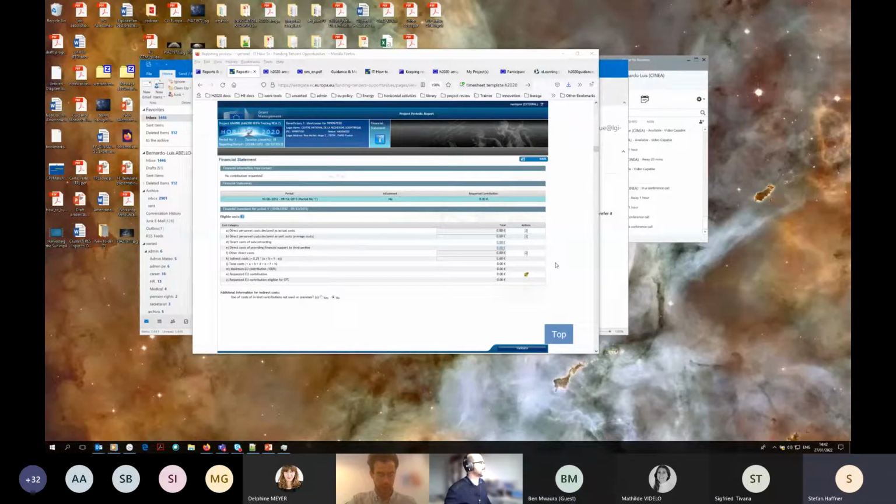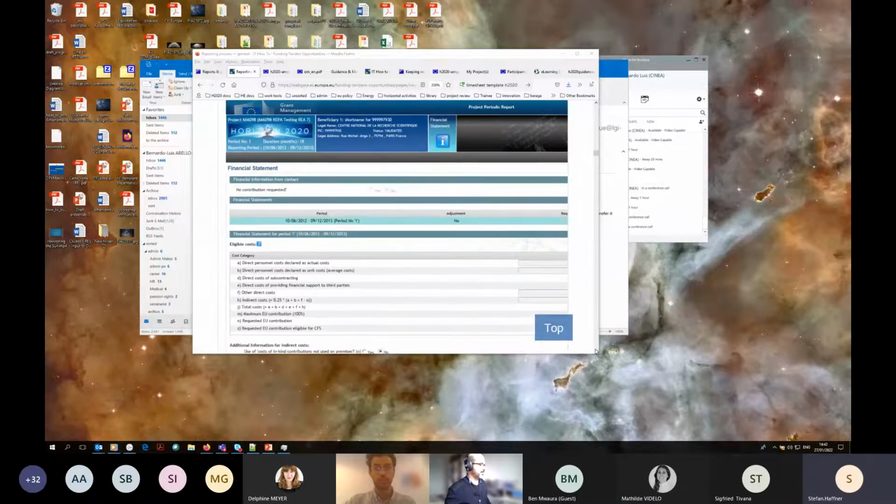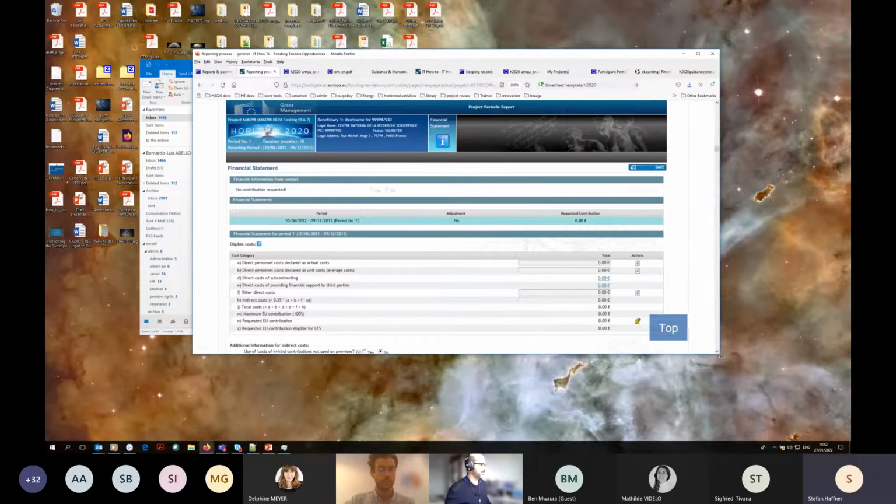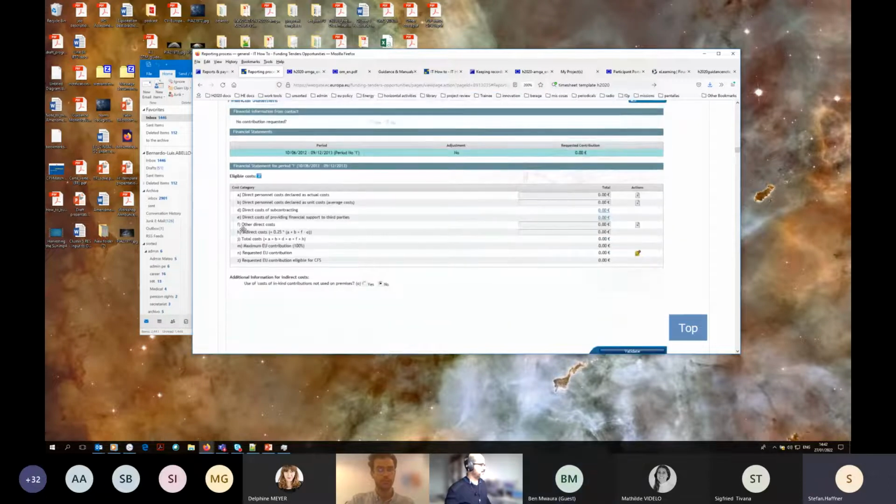I think Milvia had the answer. So this is the reporting module, and one of the lines that you have in the reporting module is right here: direct cost of providing financial support to third parties. You will have to fill in this little column here in the reporting module, and that's it.